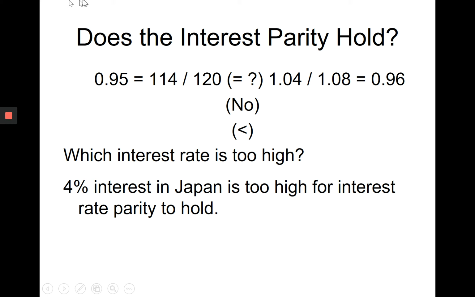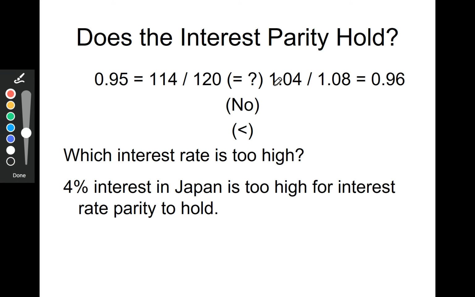Here is the equation. So you would keep the 0.95 and you would say it equals 1.04 divided by x. 1.04 divided by x should equal 0.95, then both sides would be 0.95. And then you solve for x.